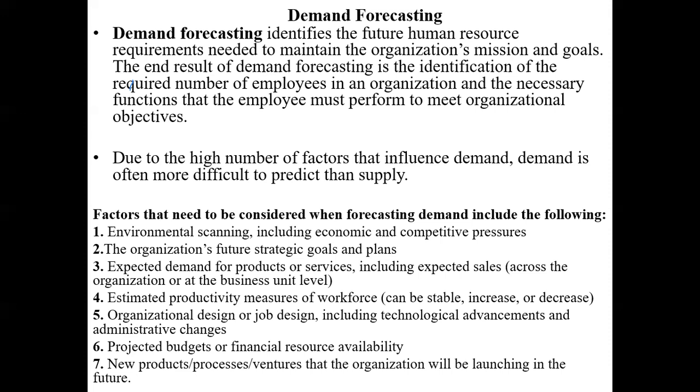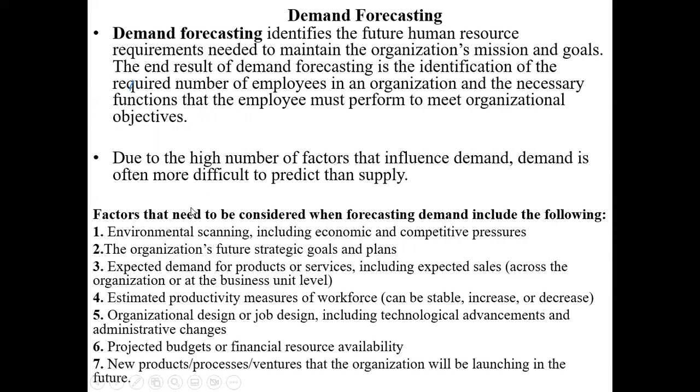So if, for instance, we are using a mathematical approach to do the estimation for human resources and also to conduct demand forecasting, then we will assign numerical weights to these factors.